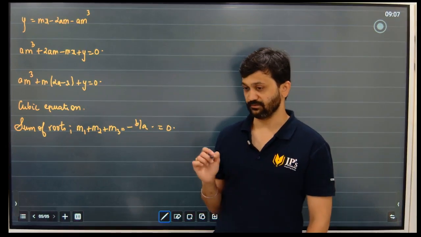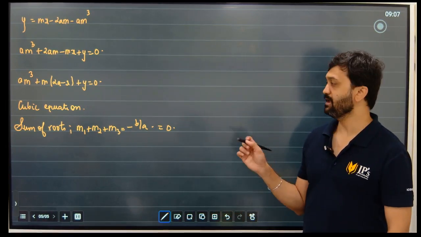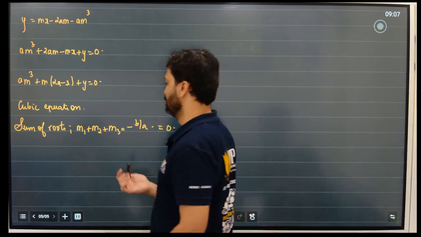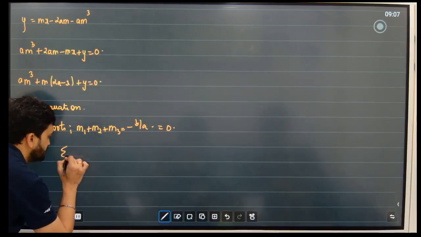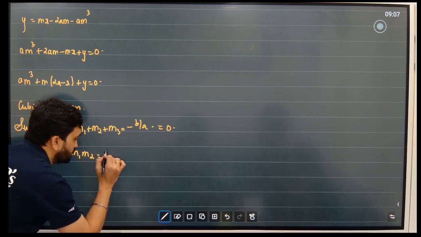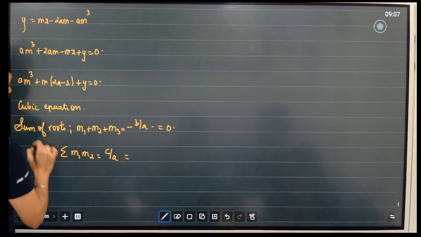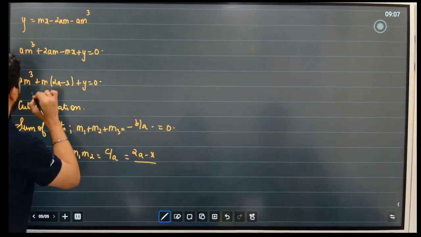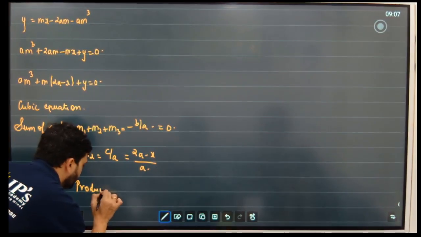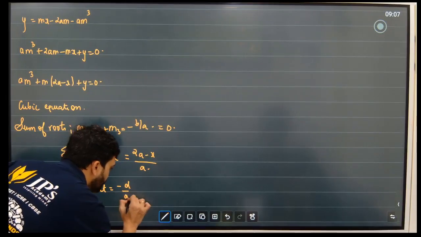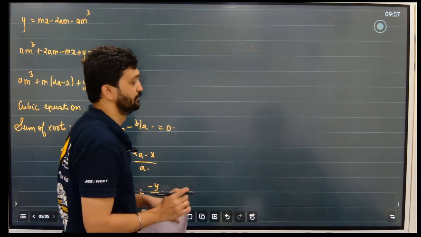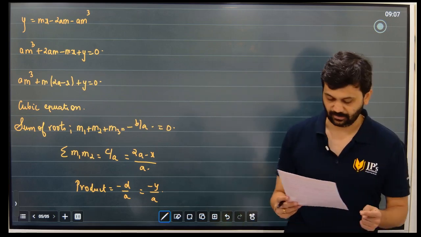The sum of the product of two roots is equal to c by a, which is (2a minus x) upon a. And lastly, the product is equal to minus d by a, so minus y by a. These are the three conditions that I have understood.